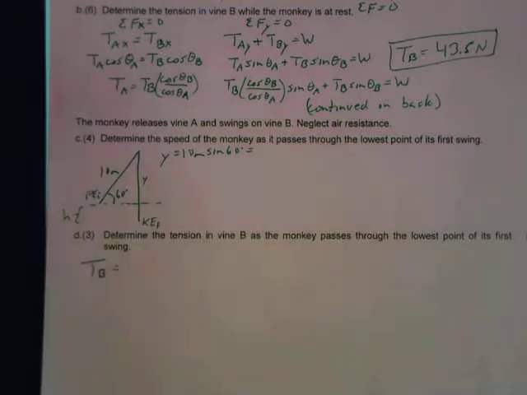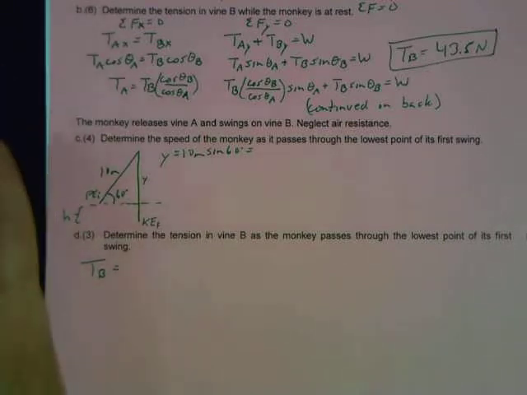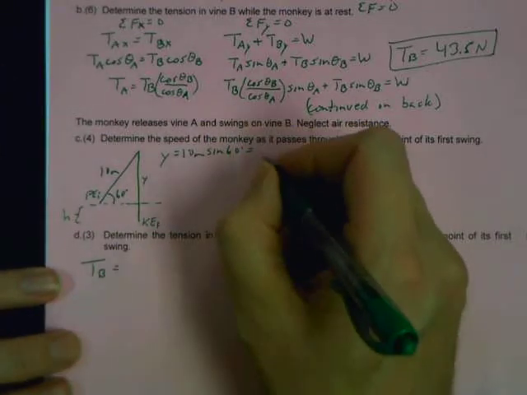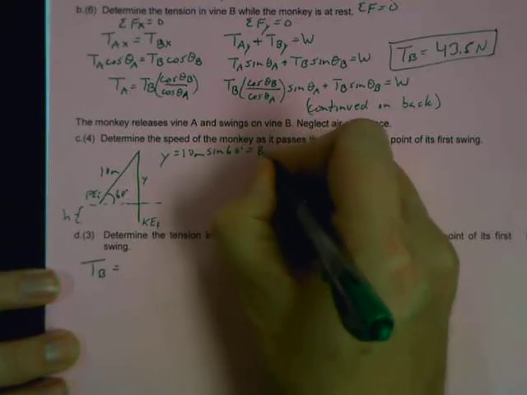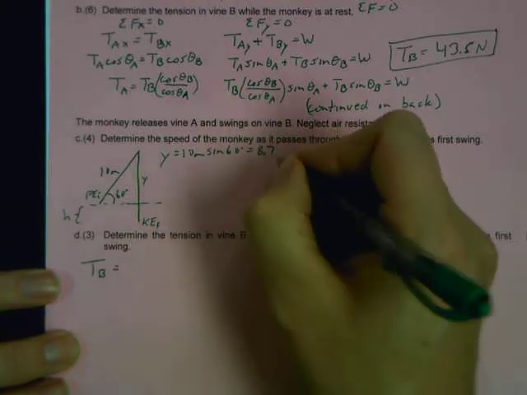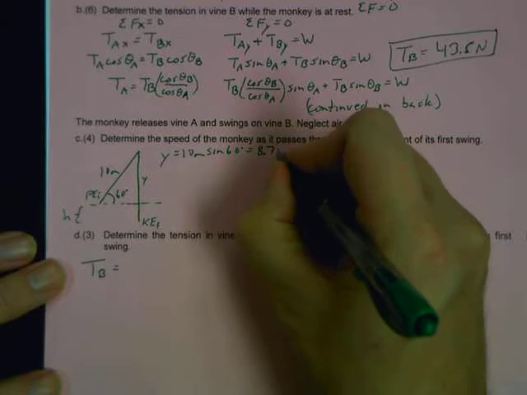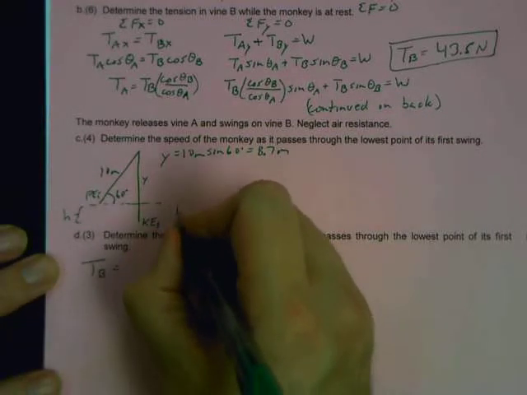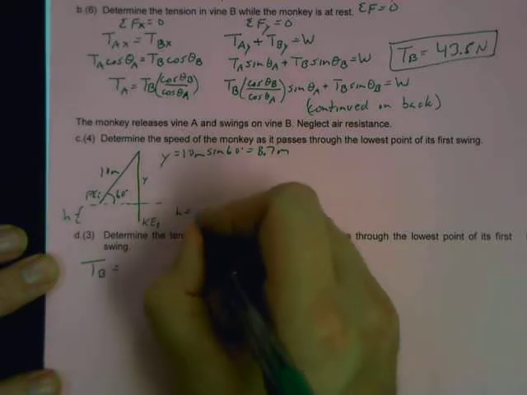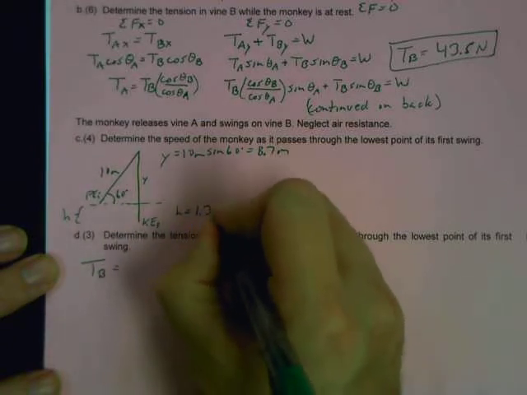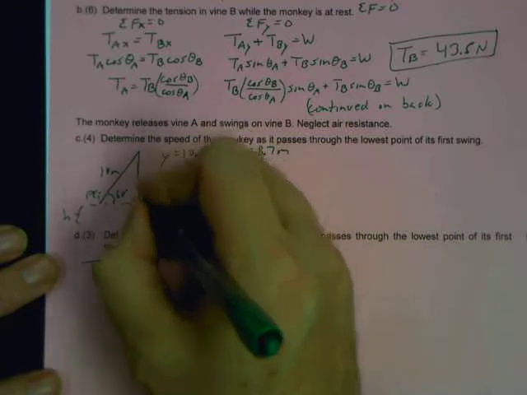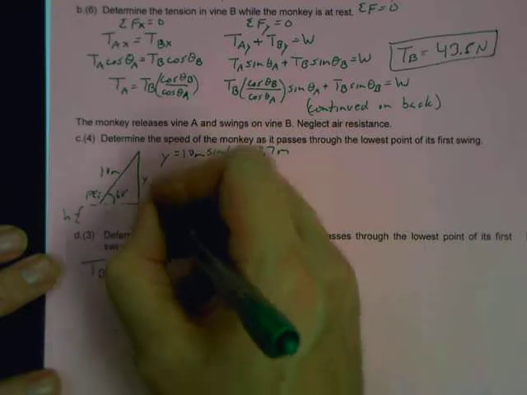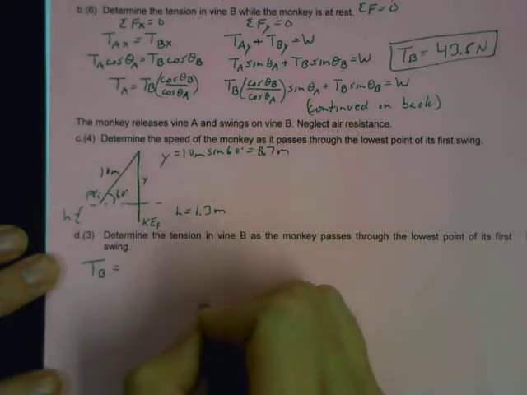So the value of y is 10 times sine 60, 8.66. I'm just going to call that 8.7 meters. So h is therefore equal to 1.3 meters, because this is 10 all the way down to here, minus the 8.7.